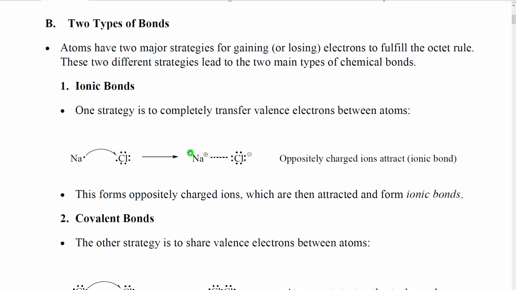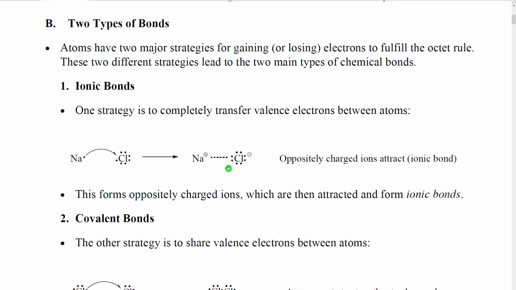That's going to create a sodium that has effectively no valence electrons, or essentially has its previous inner core electrons become its valence electrons. And because now sodium lacks 1 electron compared to the number of positive charges in its nucleus, it gains an overall positive charge and becomes a positive ion.